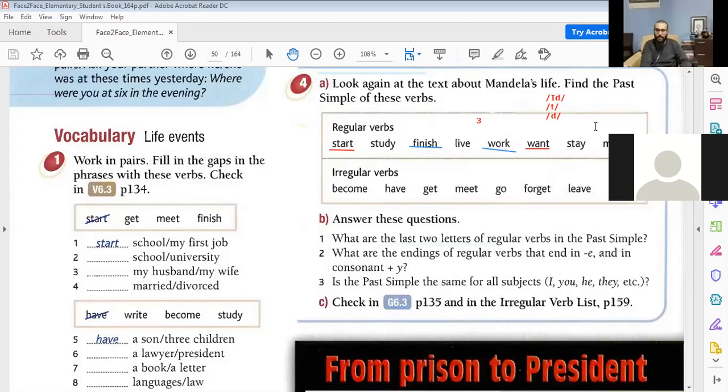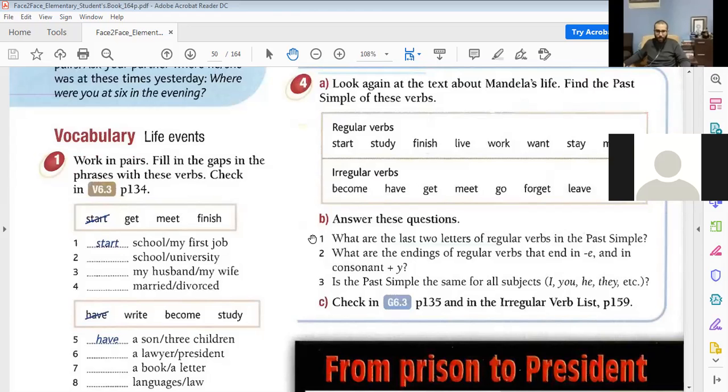Wanted, ended, started, needed. Usually if your regular verb ends with a T or a D, you will get this id sound. So this is just a little pronunciation reminder. So we did it correctly, very nice.